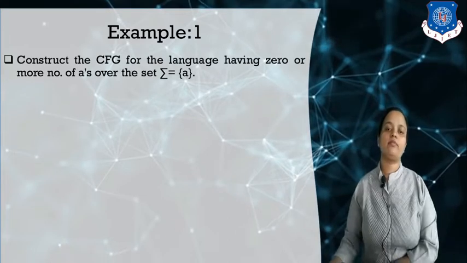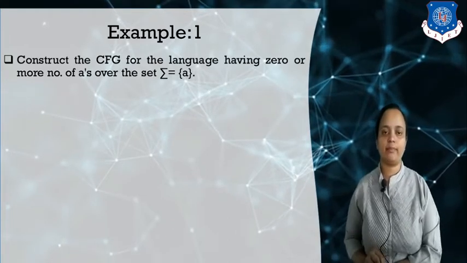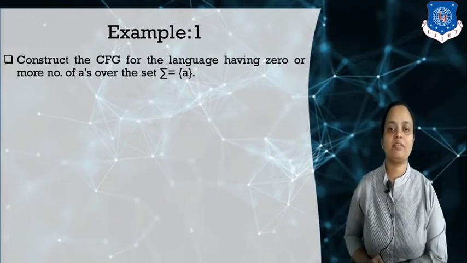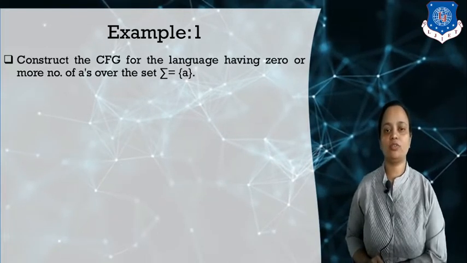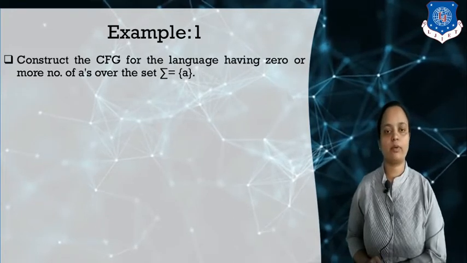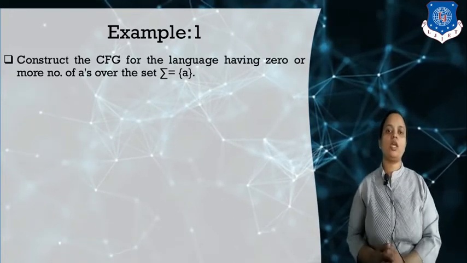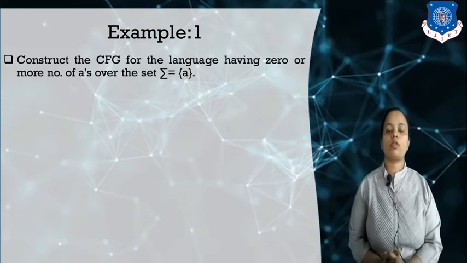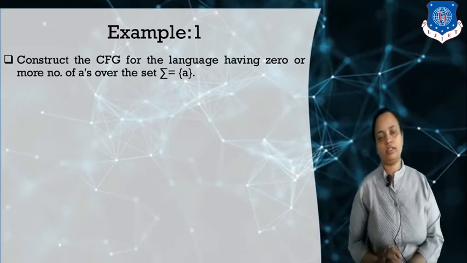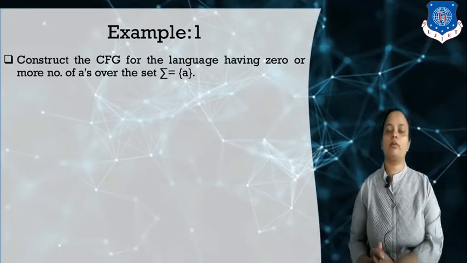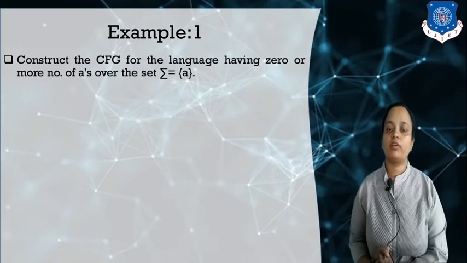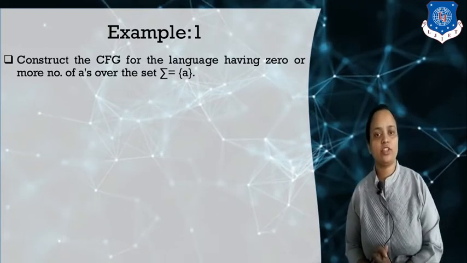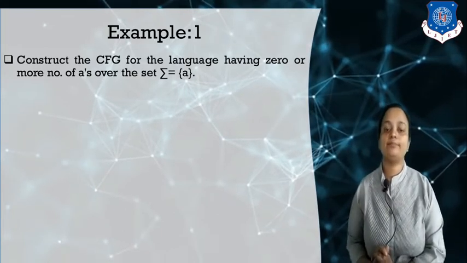We can understand this concept by using an example. Example number 1: we need to construct a CFG for the language which has 0 or more A's. So this is a regular language, and sigma contains a single A. For this kind of statement, where they have given 0 or more number of A, we know how to write the regular expression.